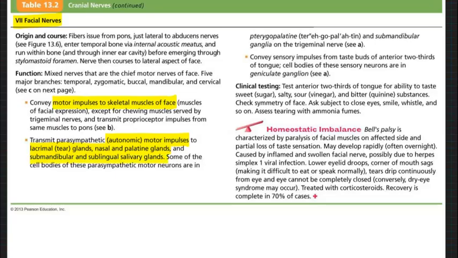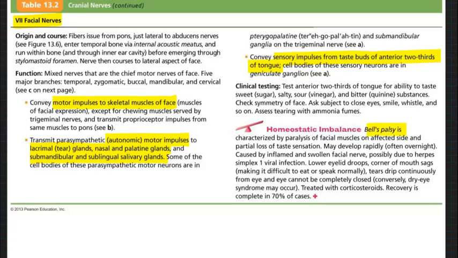Simpler, think of it this way: tears, snot, saliva. That's the motor output. What about sensory? It's both sensory and motor. Taste, from the anterior two-thirds of the tongue. Clear?